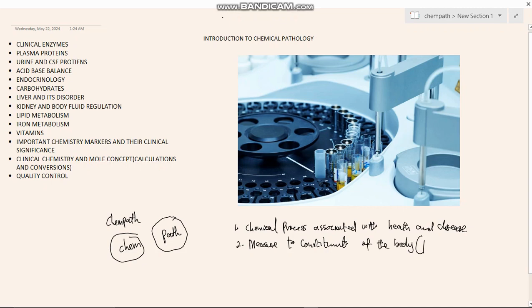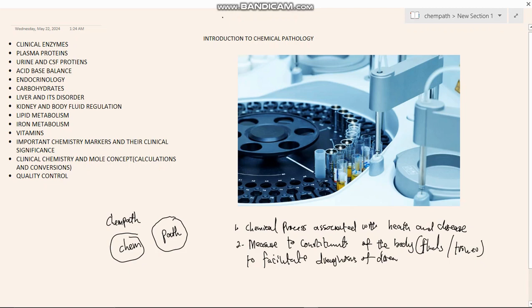So we can say body fluids or tissue, to facilitate diagnosis of disease. So this is the basic definition of chemical pathology.